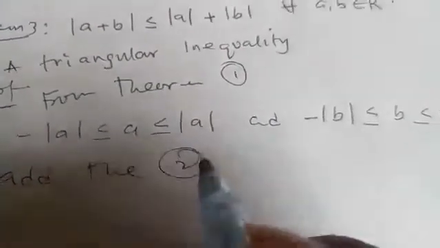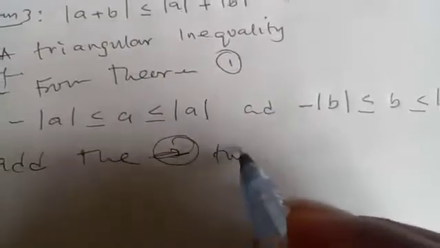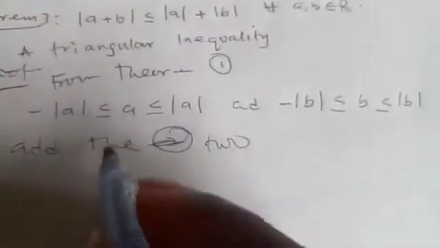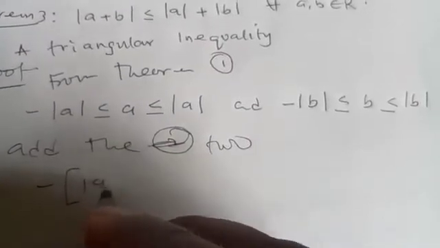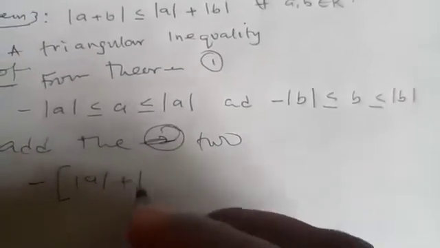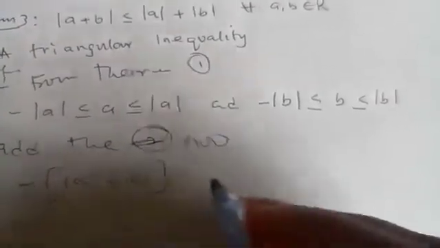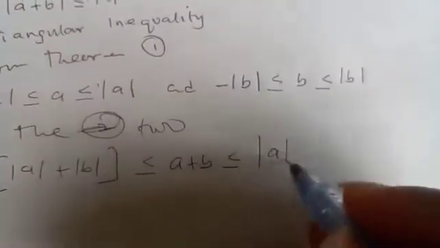Now let's add the two together. If you add these two relationships, this one will become minus the absolute value of a plus the absolute value of b is less than or equal to a plus b, which is less than or equal to the absolute value of a plus the absolute value of b.